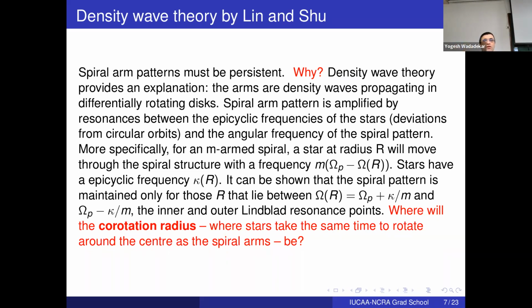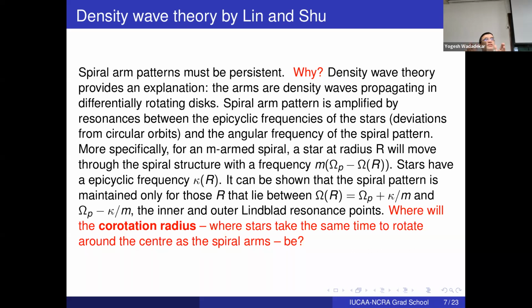Now, obviously, at the inner Lindblad resonance, omega(r) is going to be higher. So the frequency of rotation in the inner parts of the galaxy is going to be higher. And that we already expected, because we said that the rotation curve is flat over a large section of the radius.